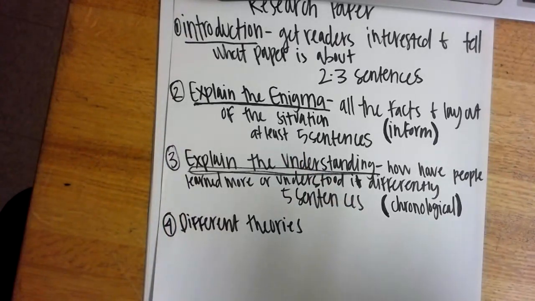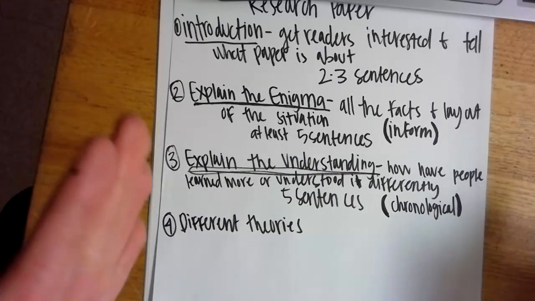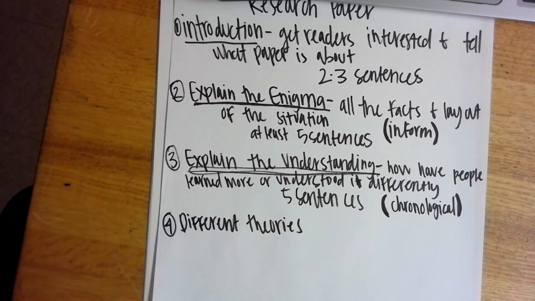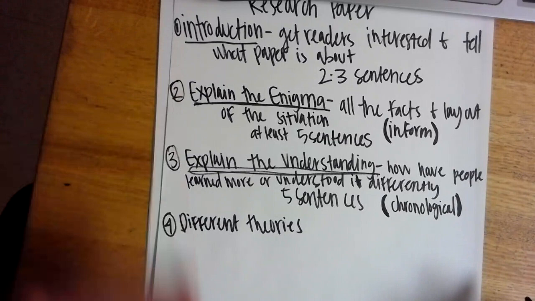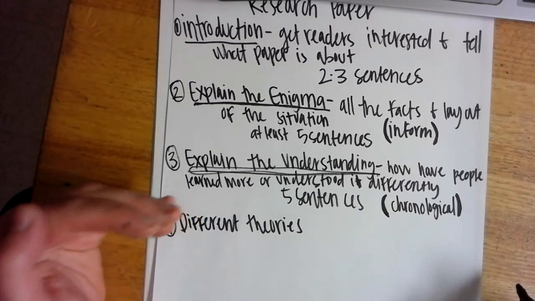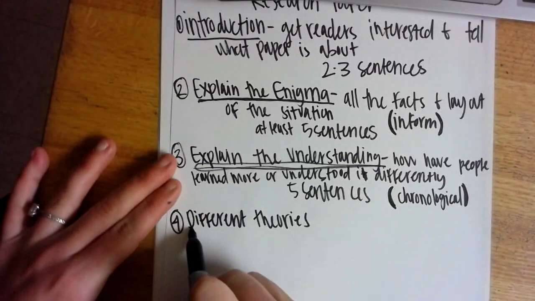So sometimes it might be, hey, we think aliens did this. Some people might think that it is science. There's an explanation with science, just how we talked about with the Marfa lights, how three different scientists explained it three different ways. You're going to give me different theories of what is happening.